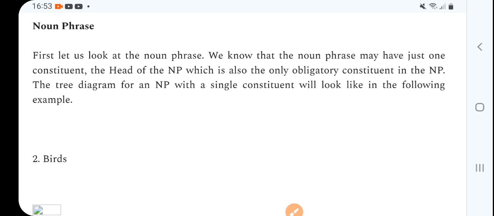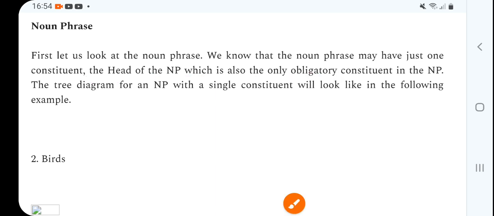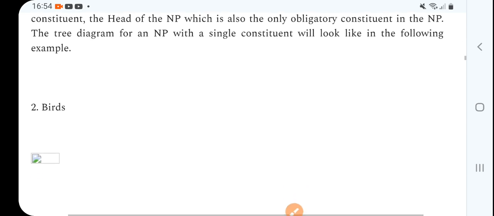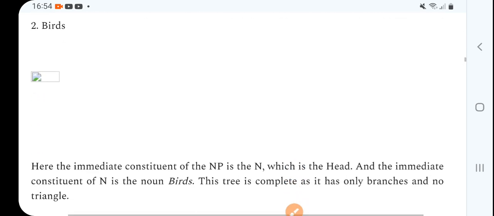We know that the noun phrase may have just one constituent, the head of the noun phrase. Again repeating, the head of the noun phrase, which is important and obligatory. This is a very important constituent in the noun phrase. The tree diagram for a noun phrase which has a single constituent.